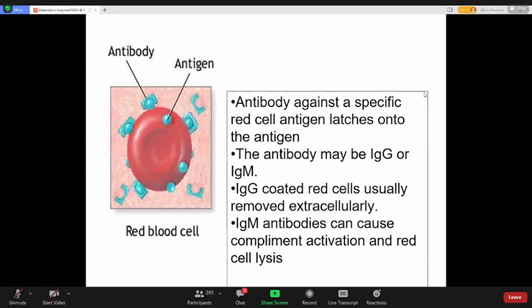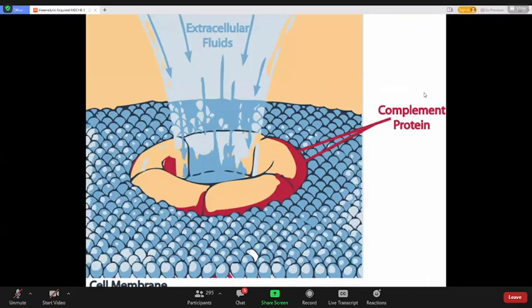Usually the complement destroys the red cell membrane, the membrane becomes compromised, and it attracts extracellular fluid because it's not able to maintain its turgidity, and the extracellular fluid actually causes the red cell lysis.